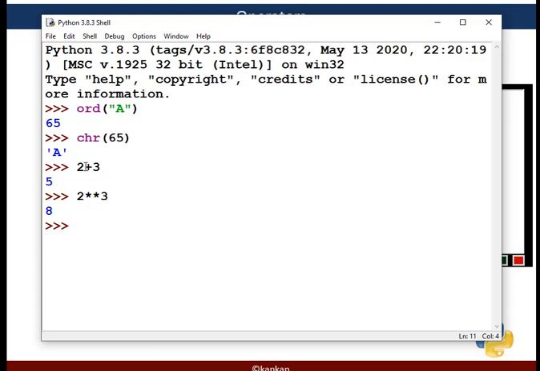You know about the operator plus, but you may not know about this operator, but you can assume what the value is. 2 exponent 3 is 8. You can imagine this is the exponent, that is 2 to the power 3. These are all the arithmetic operators.